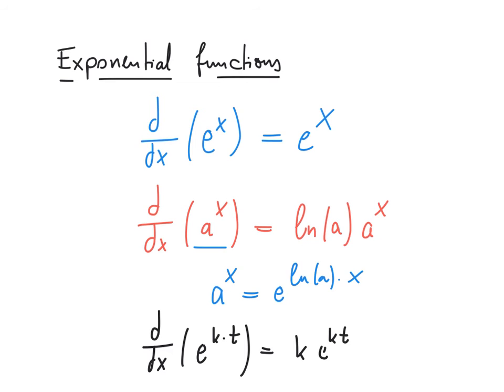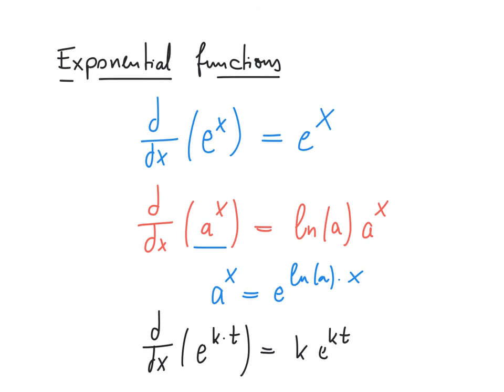So here, this is a special form of this rule, because here we have a to the x would be e to the ln of a times x. So k in this case would be just ln of a, right? And in the derivative, this comes out as ln of a. Here we have e to the k times t. For the derivative, we just keep the original function and just add this multiplicative constant k right in front.